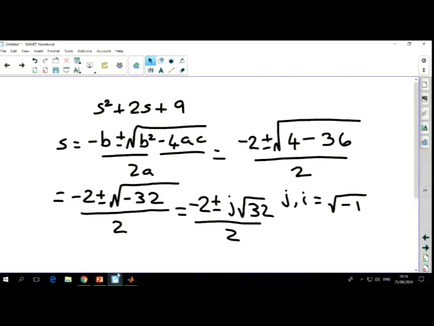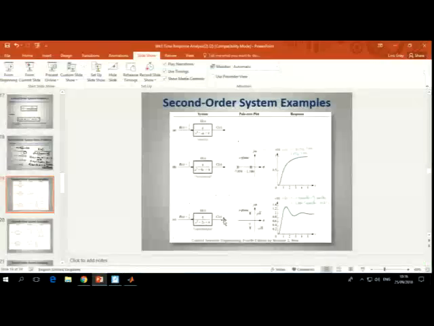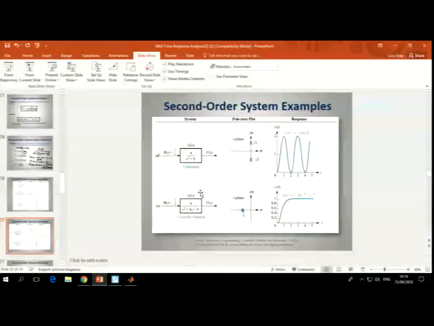Right, okay, back to that. So that's where we got these two poles here. I'm not sure what the actual values are, but they've got a real number part and an imaginary number part on the y-axis here, and that gives you an underdamped response, like that. Then, if you have two poles on the y-axis, that's an undamped response.